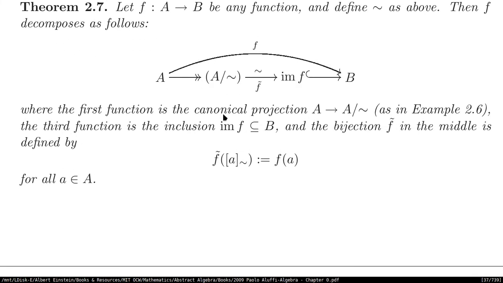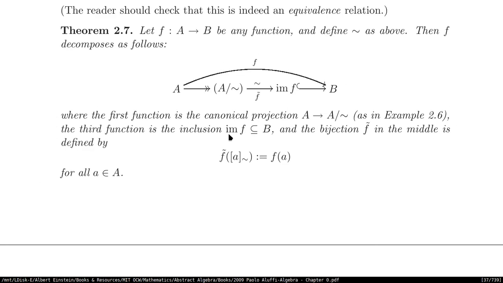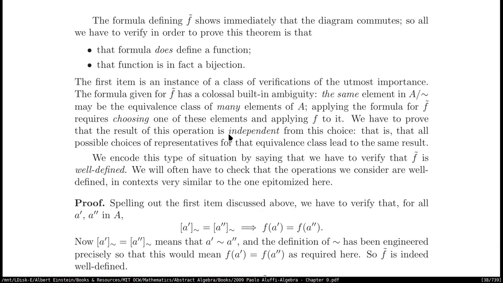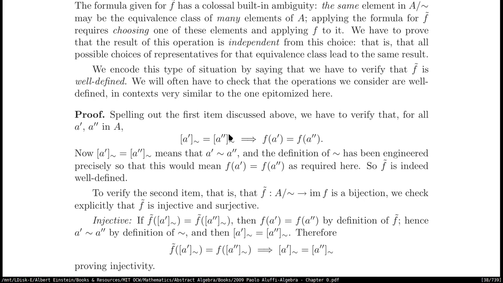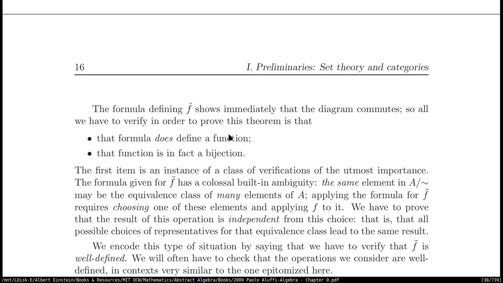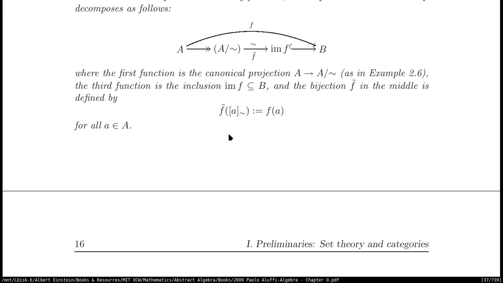An equivalence class of each element is a very big set containing the other elements which are preserved under the equivalence relation. What f tilde does is that it chooses each of these elements, and then gives you the images f of a that you need.